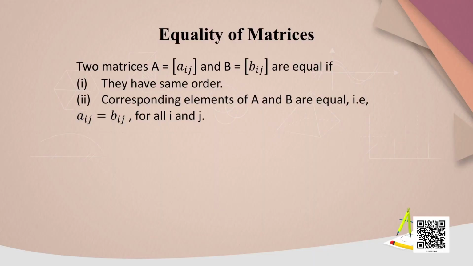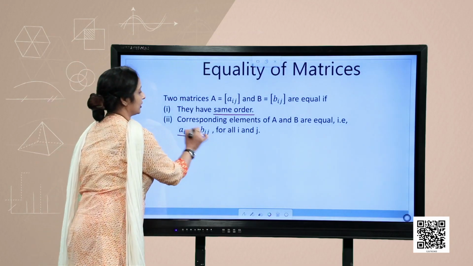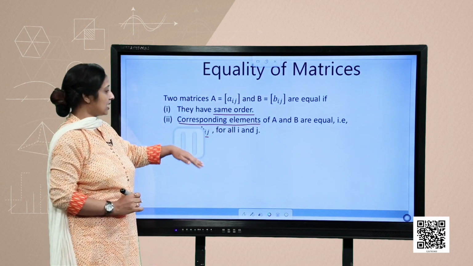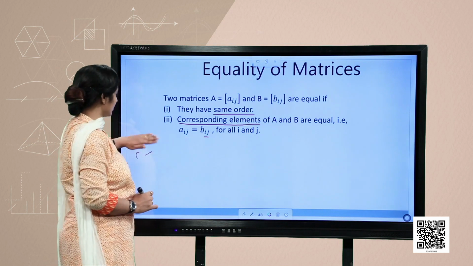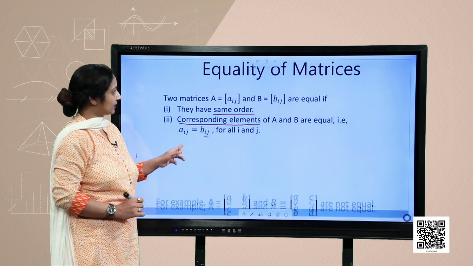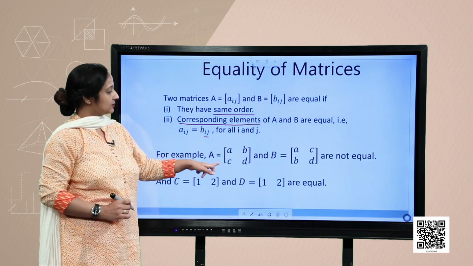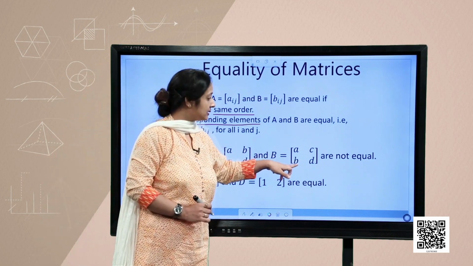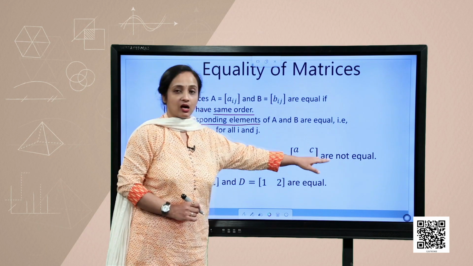So the next concept is equality of matrices. When can we say two matrices are equal? We have just two conditions: they must have the same order, and their corresponding elements Aij and Bij must also be equal for all i and j. For example, this matrix A, B, C, D and another matrix B, A, C, B, D are not equal.